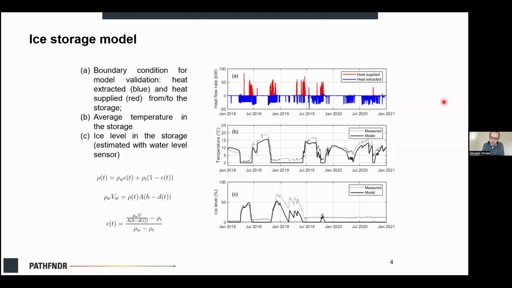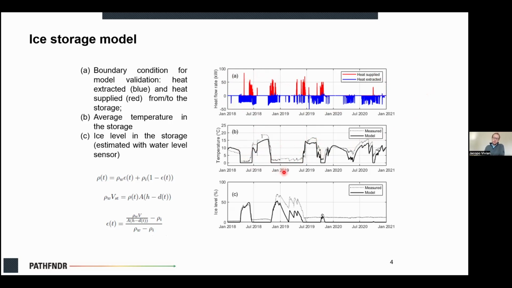So, if you look at the first graph, you can see in blue and red the heat extracted and supplied to the storage. And here you have a comparison between the model and the measured data.